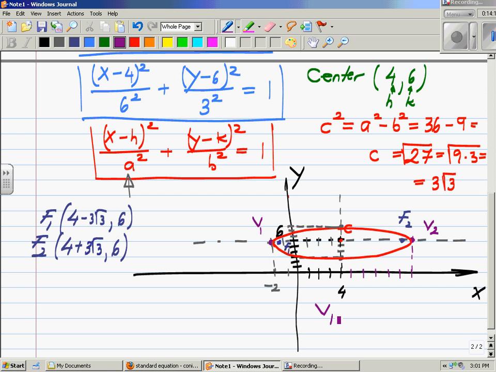Your V1 will have the coordinates h minus a, so 4 minus 6, which is negative 2, and your y stays the same, k. And the other one, V2, will be 4 plus 6, which is 10, and your k stays the same.